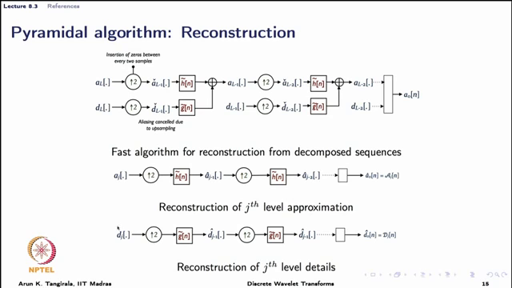And I can apply this as well to the detail coefficients. Take the detail coefficients in any band, upsample, or you can start with DL, upsample, filter, use the high pass synthesis filter, obtain DL minus 1 hat, and so on. Now, I use hats here because ideally to produce AL minus 1, I need both AL and DL.